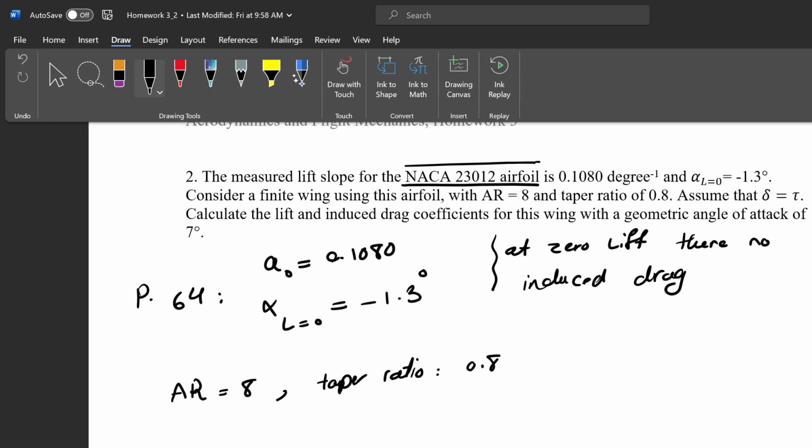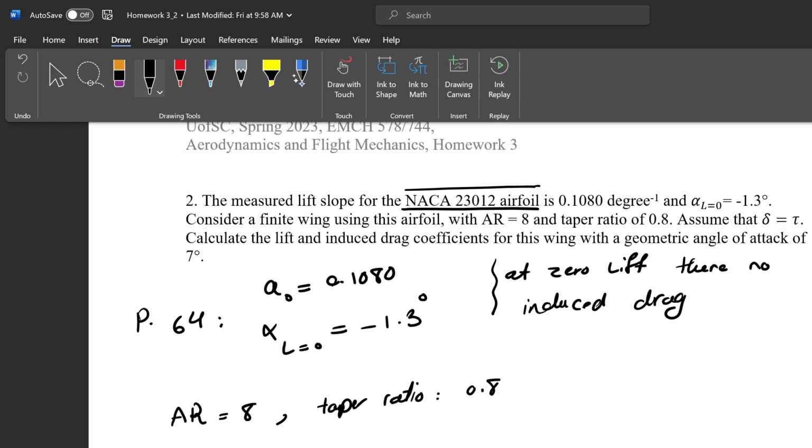We are going to assume that sigma is equal to tau for this, which essentially means that we are going to talk a little more about this, because we need to go back to the book and look at one of the tables.